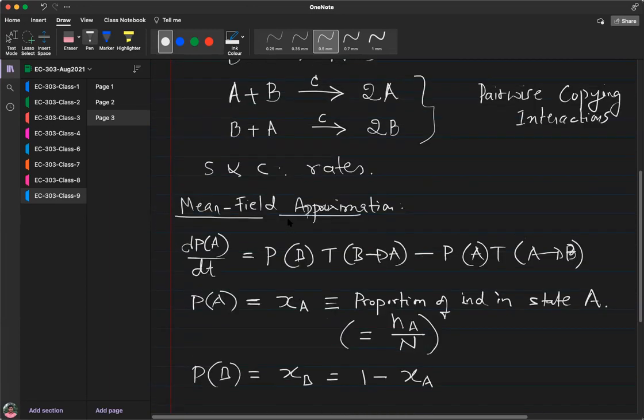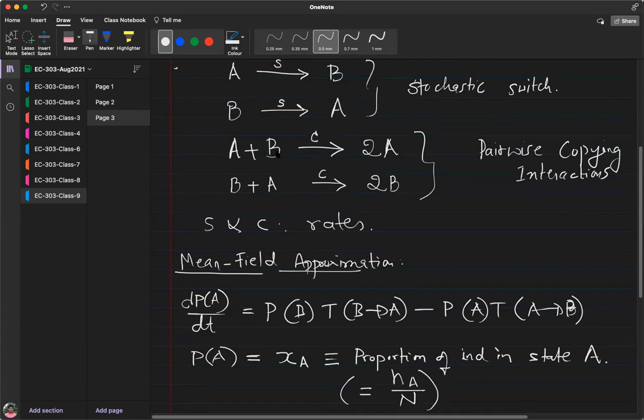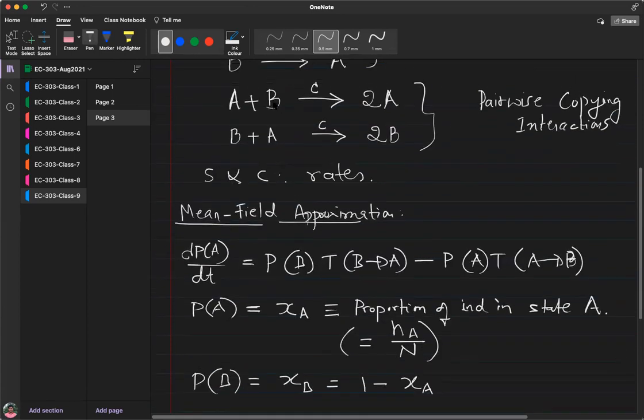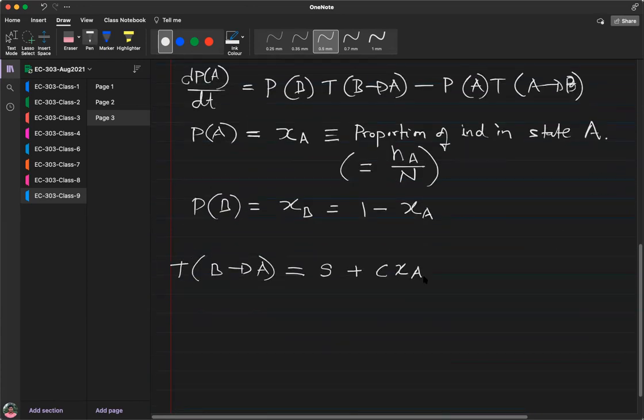With C, I interact with A and then turn, therefore C times XA. It's identical, there's really no difference, but I'm doing it slightly more formally, step by step, which helps in more complex cases also. This is T B to A.